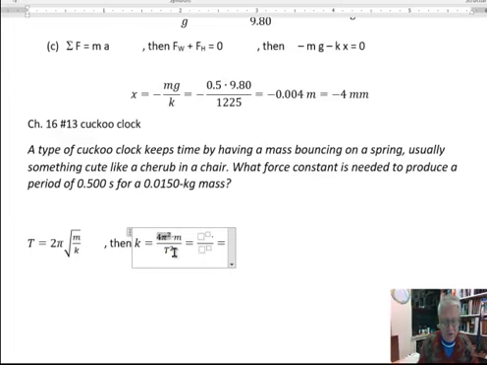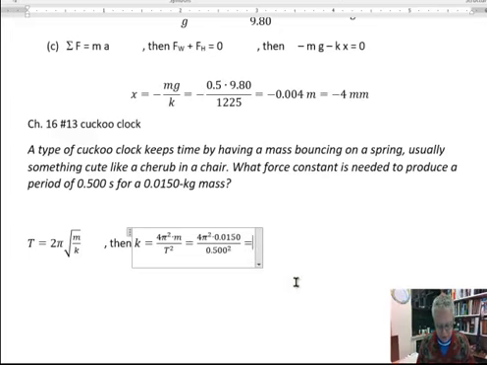Okay, so here I'm just going to try to copy the 4 pi squared right there. Let's see if this works. There we go, and put in the values 0.0150, and then divide by the time 0.500 squared.